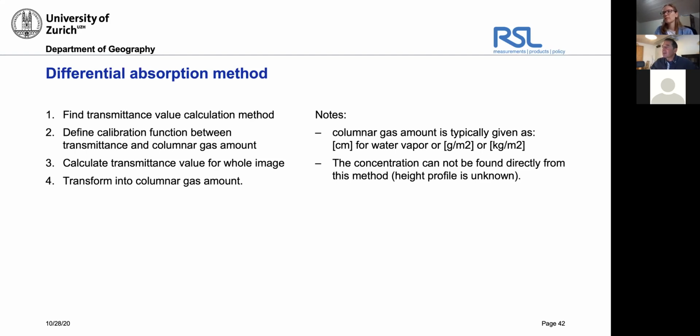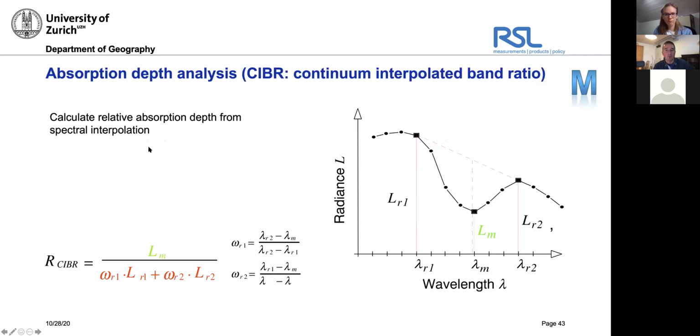You've got to find a method to find the transmittance of the gases, and then you have to calibrate the transmittance against the amount of the gases. So you've got to find a model which tells us how much gas makes how much absorption. And then you have a calibration function which tells us the amount of the gas against the transmittance. And then if you know that, you can of course go into the image and find the transmittance for the whole image and transform it by the calibration function to the total gas amount.